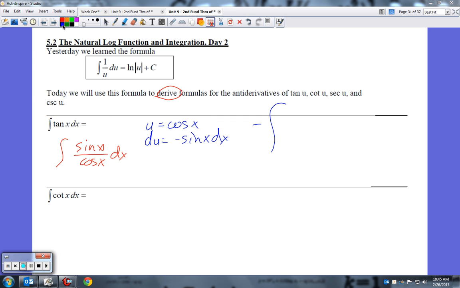So that my new integral is negative du over u, which equals the negative natural log of the absolute value of u plus c. It was asked in terms of x, so I will answer in terms of x. It'll be the negative natural log of the absolute value of cosine of x plus c. Who sees an alternative form to answer this?